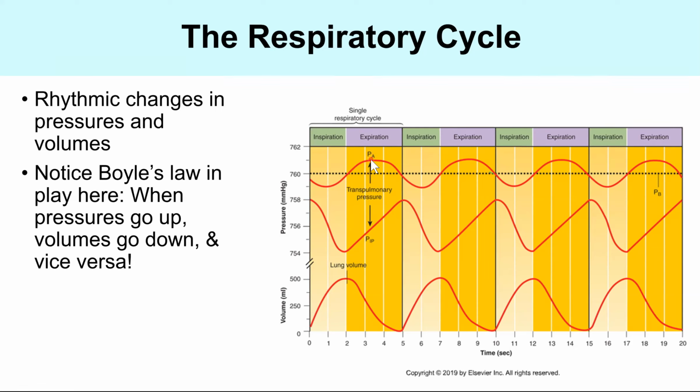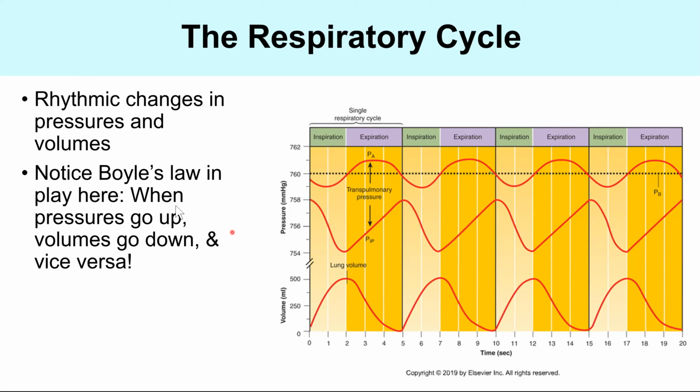During exhalation, as our lung volume decreases, the size of our lungs decreases, pressure increases until we reach a point in which the alveolar pressure inside the lungs is equal to atmospheric pressure along this dotted line. Okay, and then we're going to inhale again. And we're going to exhale again, and so on and so forth.